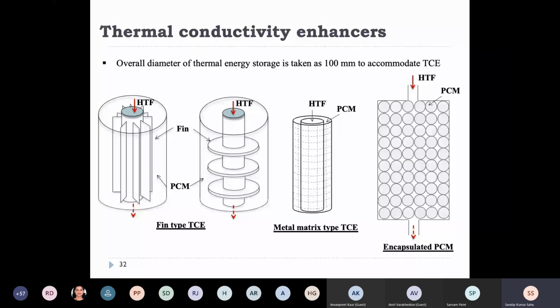So by introducing either fins or metal matrix, which is basically a structure of wire, or some other type of configuration, which is called encapsulated PCM. So there are three configurations I am showing here: one is fin type, one is metal matrix type, one is encapsulation type.